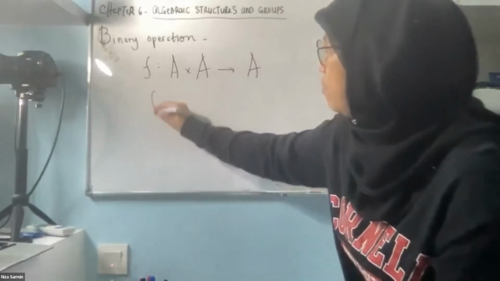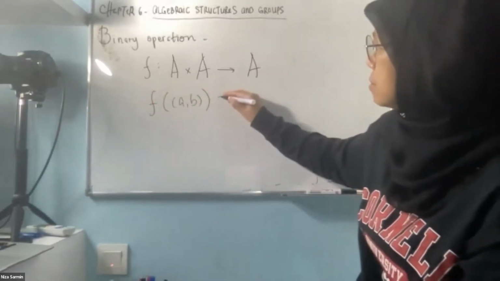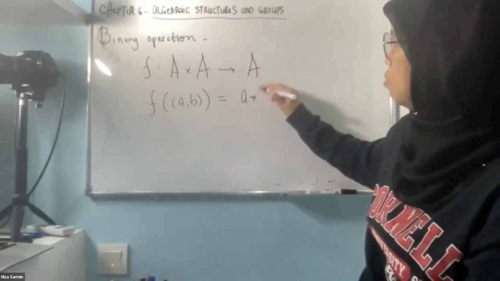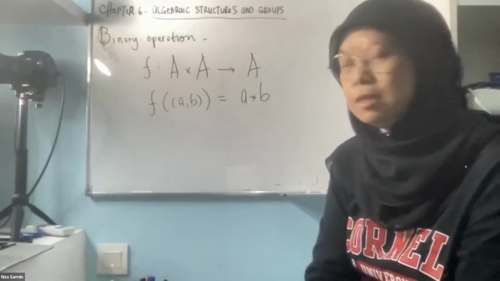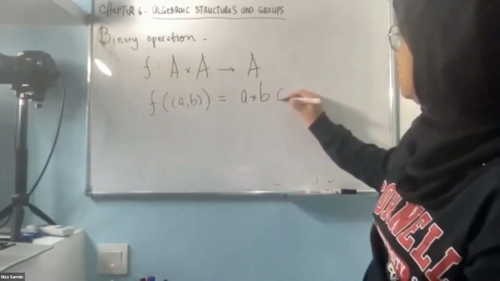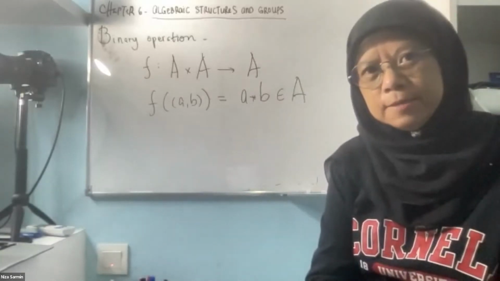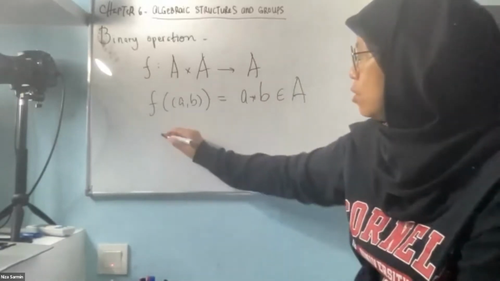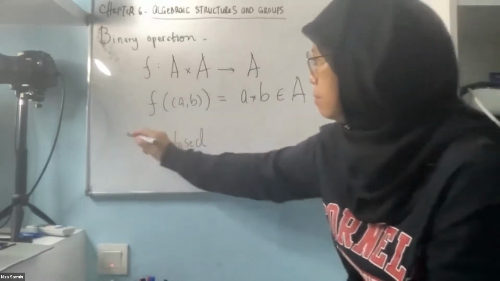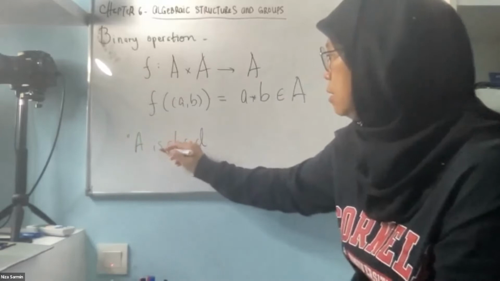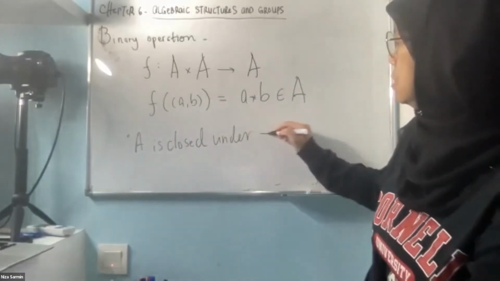So if you have a and b in A, and you do some operation, okay, so the star is the operation, and this has to be back in A. Okay, we will call this also as A is closed under this operation.